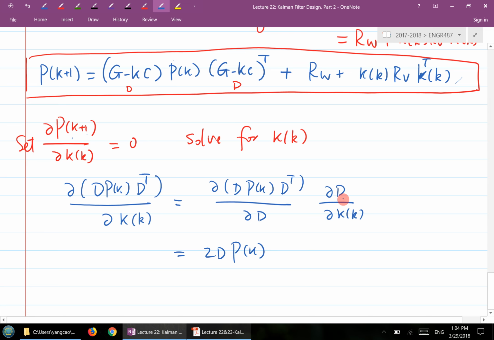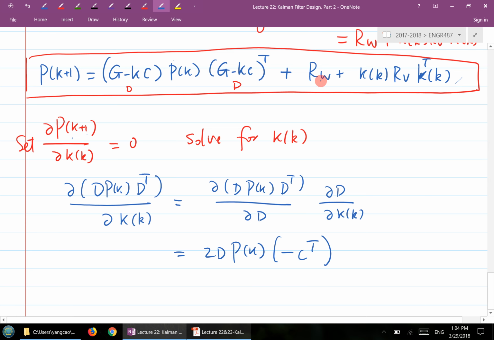And for the second one, what's the partial derivative of D with respect to k? D is this one, and taking the first order derivative with respect to k, you get negative c. For a scalar it would be that, but because this is a matrix, you actually get negative c transpose. That's the result for the first partial derivative. The next term is a constant, so its partial derivative with respect to k is 0.